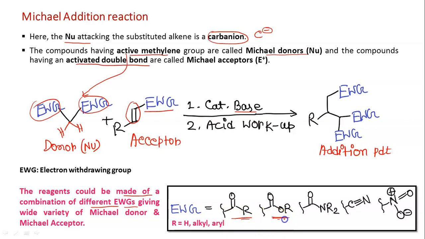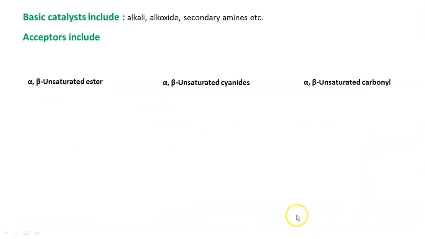Then we have ester, then amide, cyano attached with C=C double bond and nitro attached with C=C double bond. So permutation combination of any of these groups we can do with the donor as well as acceptor and we can get a variety of products. Next we will see the mechanism, but before that we will also see what those varieties of acceptors and donors are that we can have.